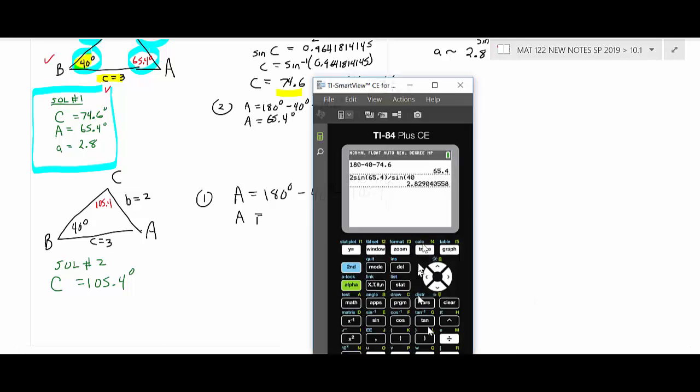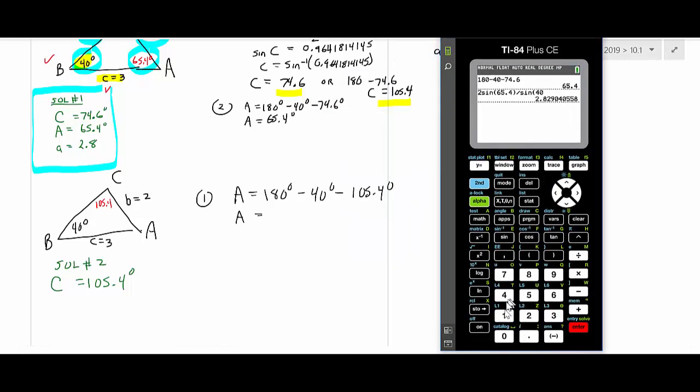Okay, so I'm going to do that. And we're going to see if this angle is possible. And you can tell this angle is possible, so it's not going to be a negative angle like we had on the last problem. So that's going to be 34.6 degrees. Okay. All right, so we got that.